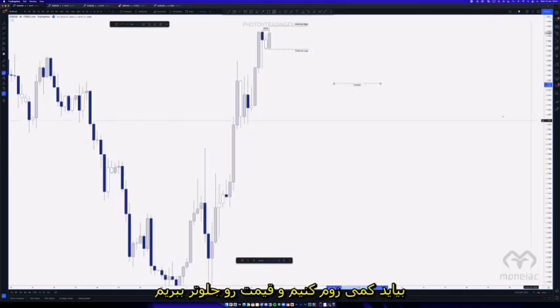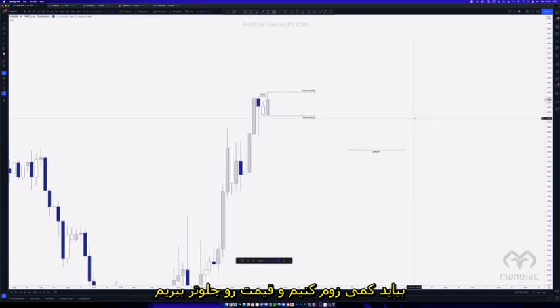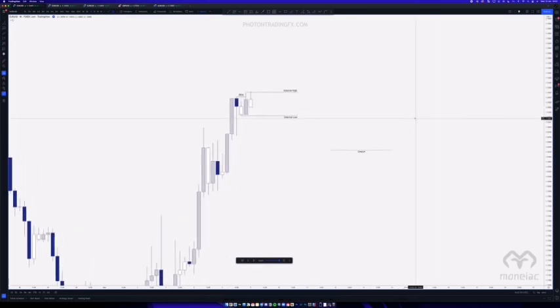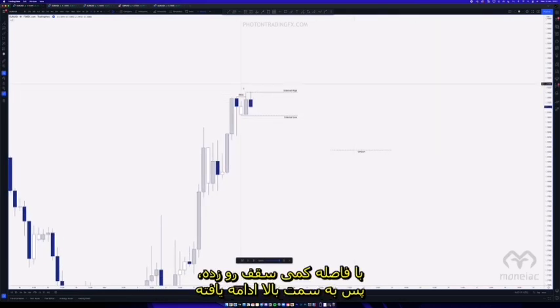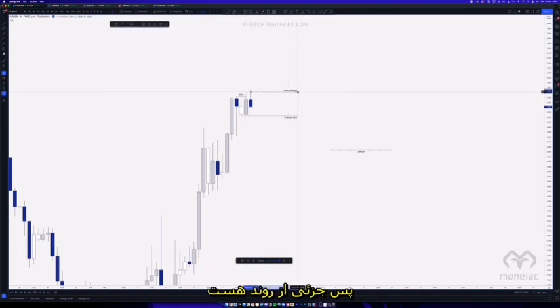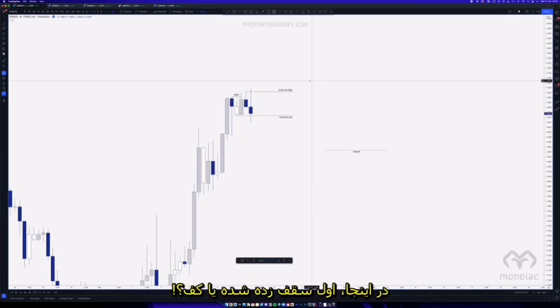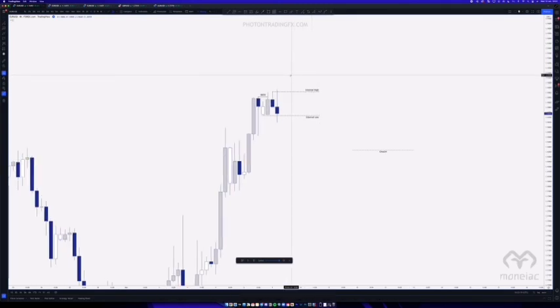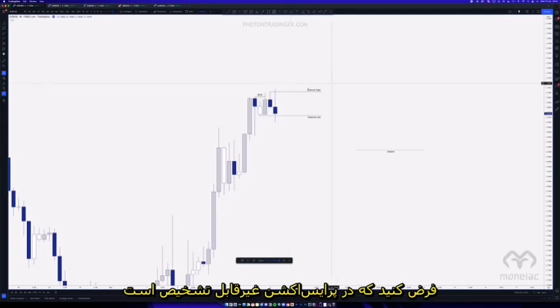So let's zoom in and play it forward. It just breaks the high, so it continues up to the upside, so it's all part of the trend. So in this case, did it take the high or the low first? Let's just assume we don't know. Imagine you can't read it on the internal price action.